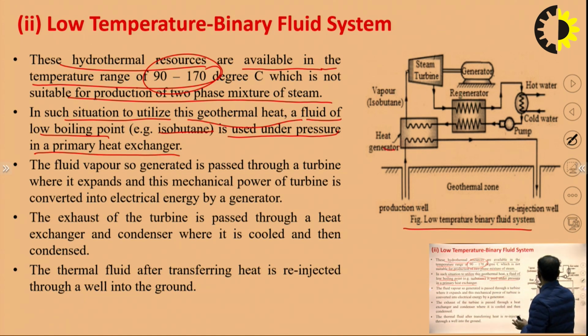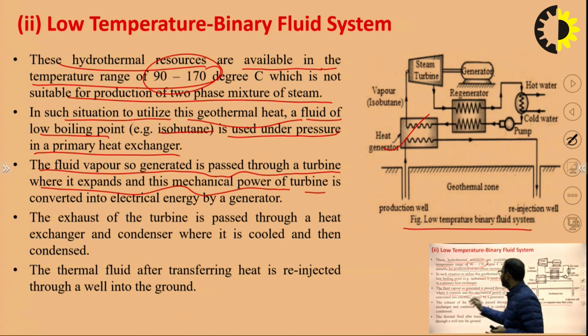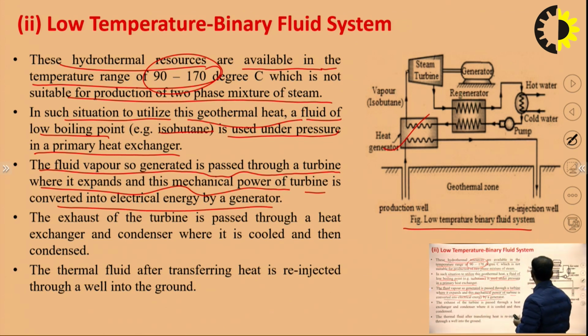So this is the primary heat exchanger. Here a low boiling point fluid like isobutane is used under pressure, and the fluid vapor generated is passed through a turbine where it expands, and the mechanical power of the turbine is converted into electrical power with the help of the generator.